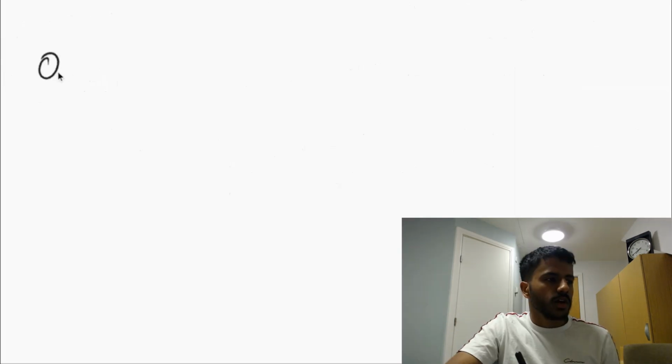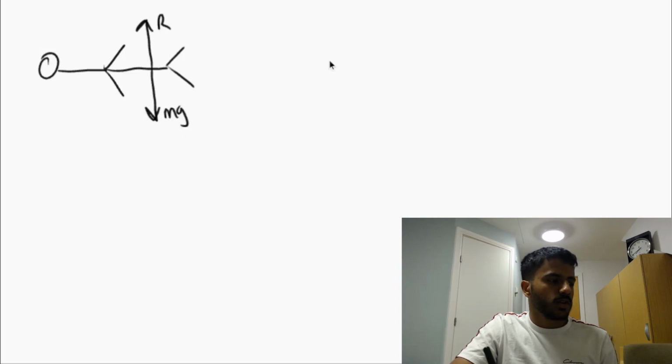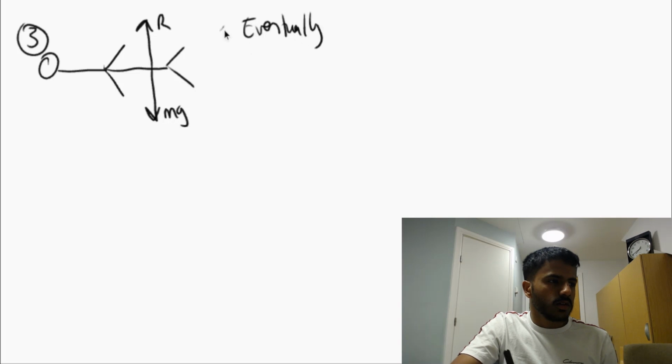Now you can kind of see that as the velocity is increasing and increasing, the air resistance is going to keep on increasing, up to a point where the force due to air resistance is going to be equal to the weight. So at this point here, eventually, air resistance is equal to the weight.